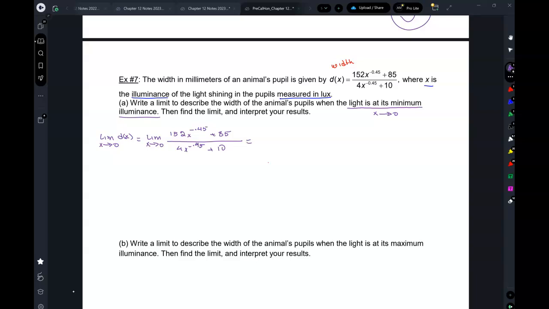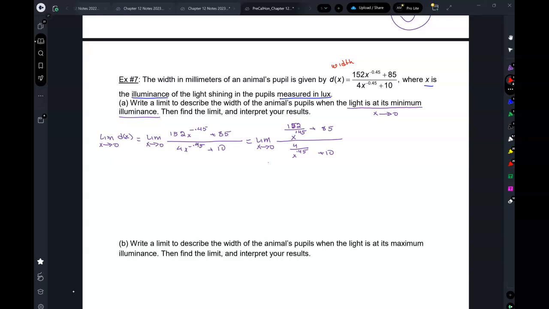Okay, so let's see what we're going to do. I'm going to explore this function a little bit. So this is the limit as x approaches 0 of, okay, so that negative exponent, I'm going to write it like this. So 152 over x to the 0.45 plus 85, and then 4 over x to the 0.45 plus 10. Okay, now I don't like the way that looks.